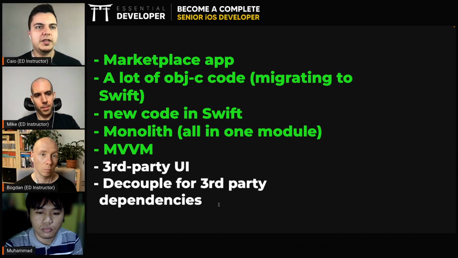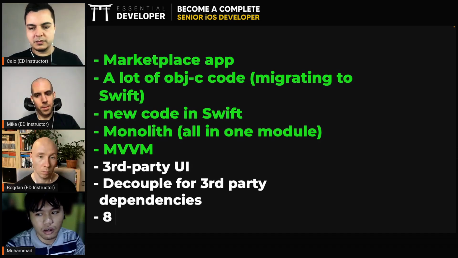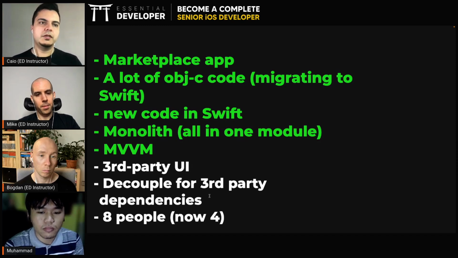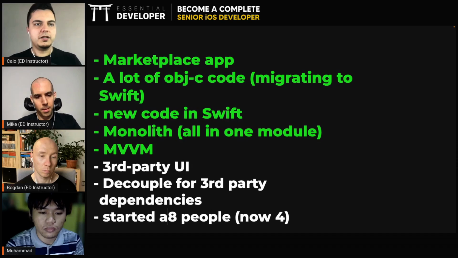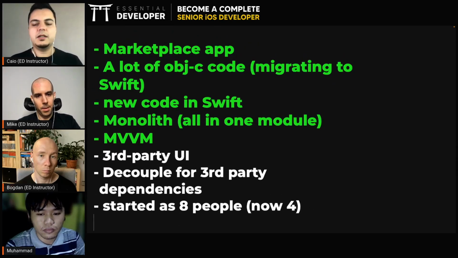And what is the team size? How many people are working in this code base? Previously, we had 8 people, but currently we just have 4 people. Okay. Spread as 8 people and now 4 people. And you want to modularize it.